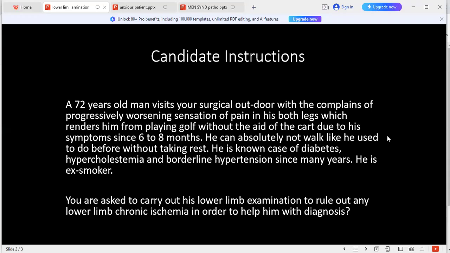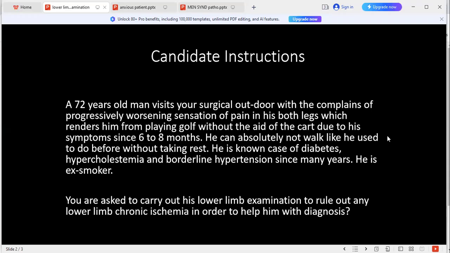Then I will feel the pulses of the patient, starting from the femoral pulse. First of all, I will check the normal limb, considering that the femoral pulse is located midway between the anterior superior iliac spine and the pubic symphysis. Then I will move down to the popliteal pulse, and then further down to the posterior tibial as well as the dorsalis pedis.